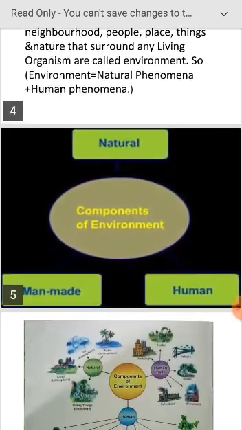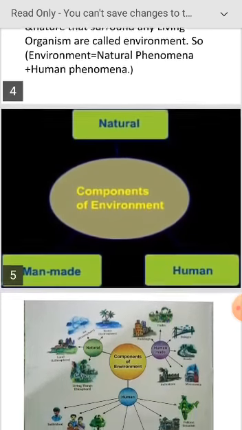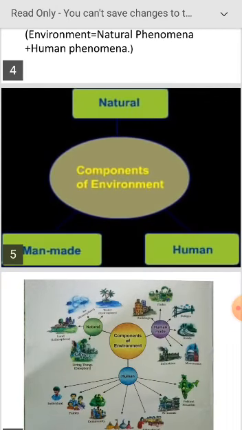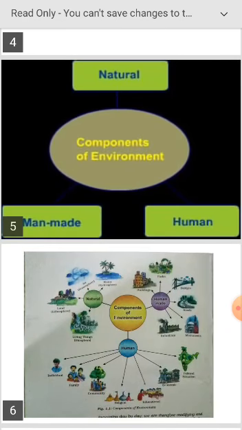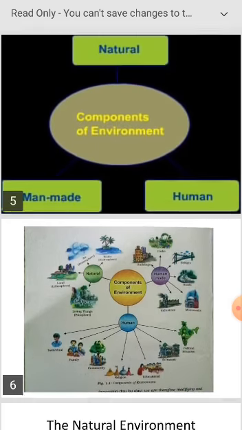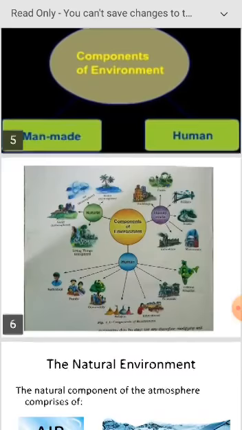So, environment is equal to natural phenomena plus human phenomena. Here, you can have a look at this slide, which helps you understand that the components in the environment are natural, man-made, and humans.